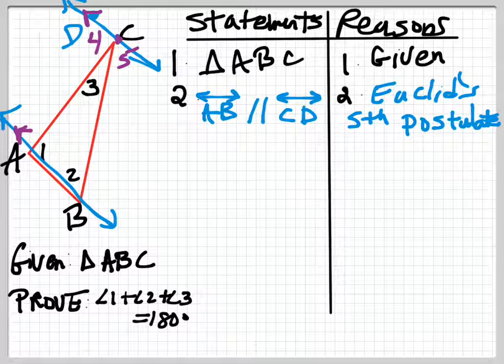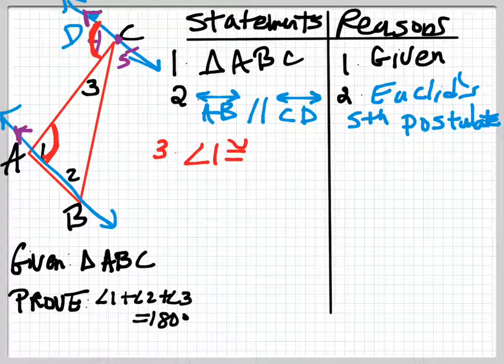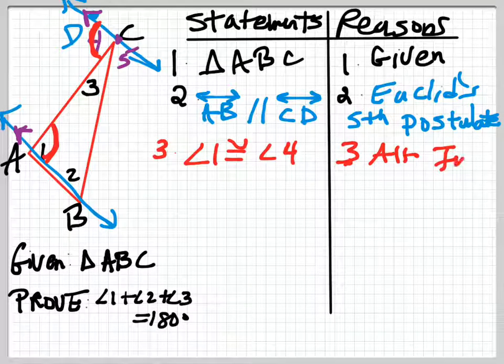And you have a couple of angle relationships created among 1, 2, 3, 4, and 5. Observe that angle 1 is the alternate interior angle to angle 4. And because these lines are parallel, we can state that they are also congruent. So angle 1 is congruent to angle 4, and the reason for that is they are alternate interior angles.